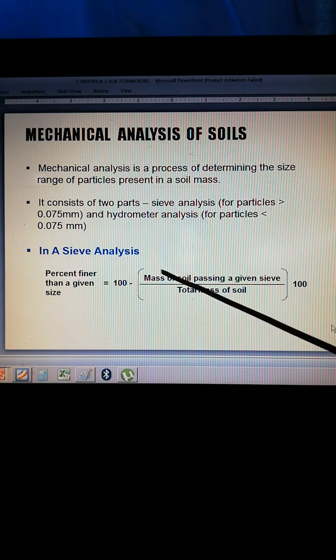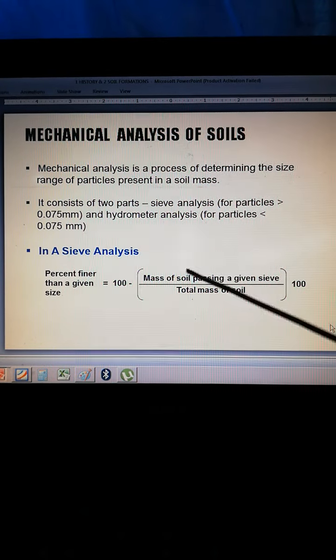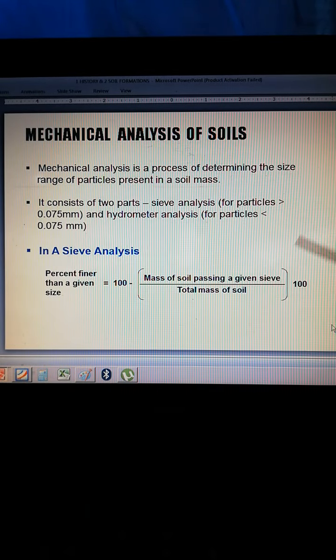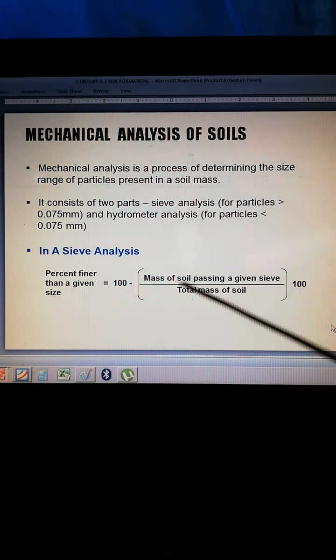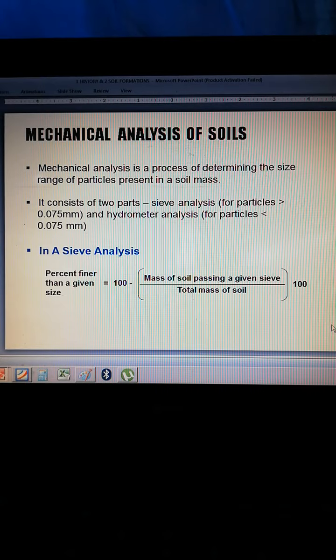Number 4. If everything passed through, 100%. If not everything passed through, what passed through, you weigh that divided by the total original mass of soil. Then times 100 minus 100%. So that would be your percent finer in number 4.